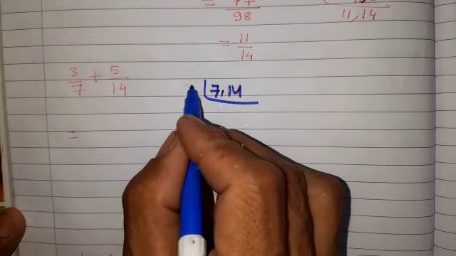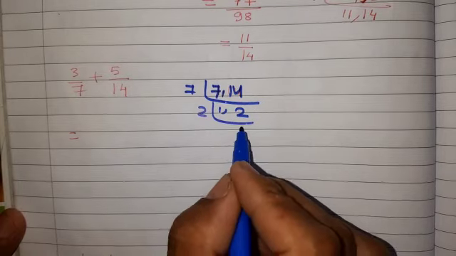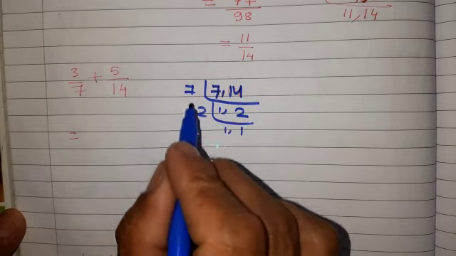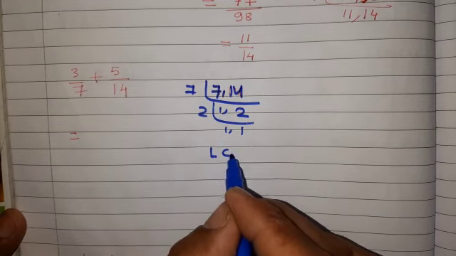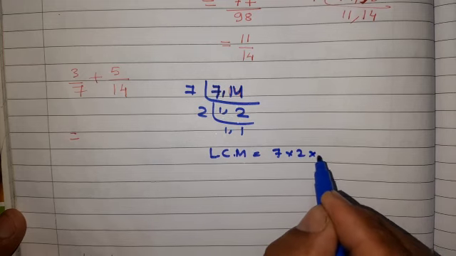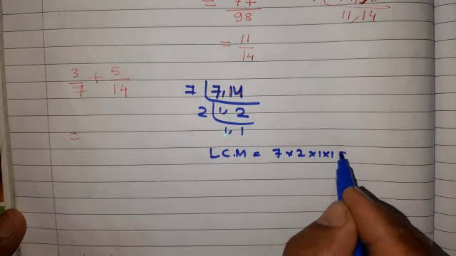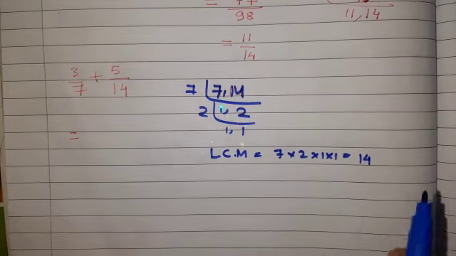This is 7 and 14. 7 1s are 7. 7 2s are 14. 2 1s are 2. This is already 2. Hope you already know how to find LCM. The LCM will be 7 into 2 into 1 into 1. 7 2s are 14, 14 1s are 14, 14 1s are 14. Our LCM is 14.